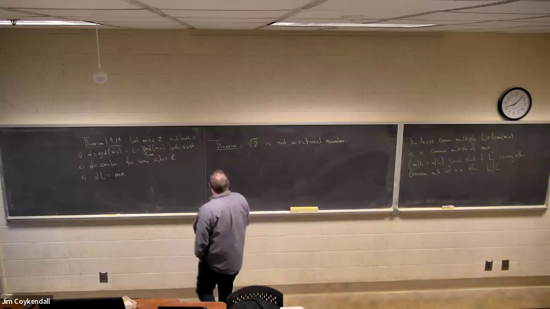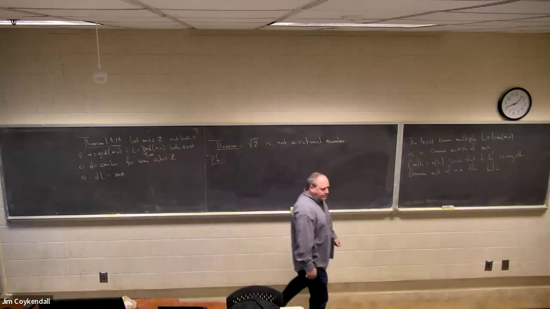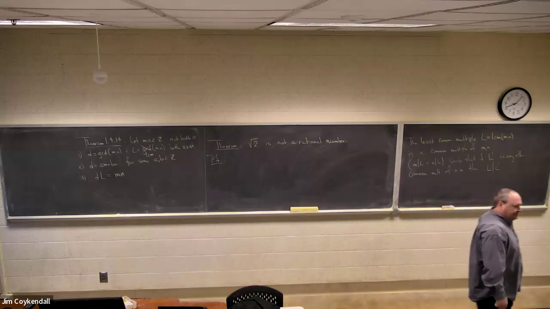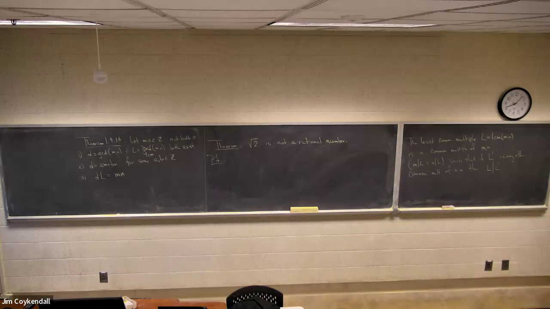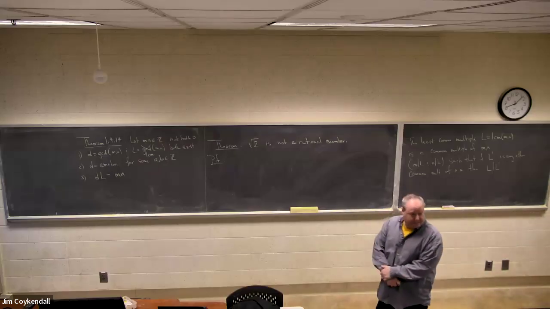Well, so how do we do this? I'm going to make this claim that square root of 2 is not a rational number. This is a good example of proof by contradiction.